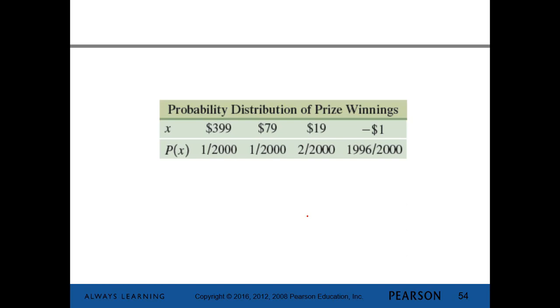So now, if we're thinking about this, let's set this table up. What are they asking? What is the expected payback? Which means that you're going to be paying $1 for the raffle ticket, right? So all of the prize money needs to be reduced by $1 because we're talking about net gain.